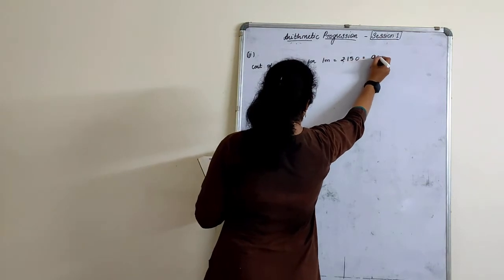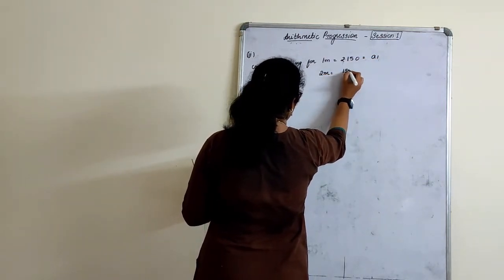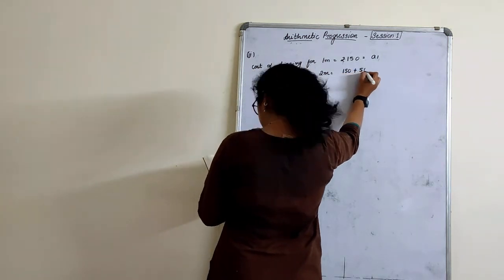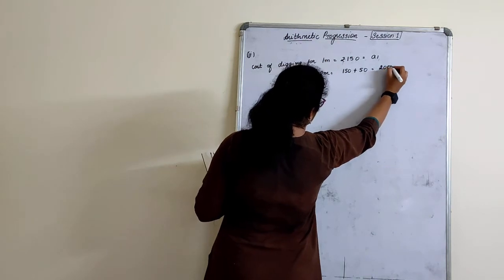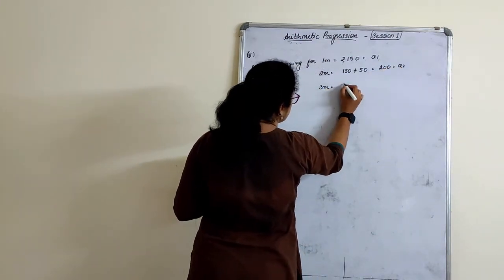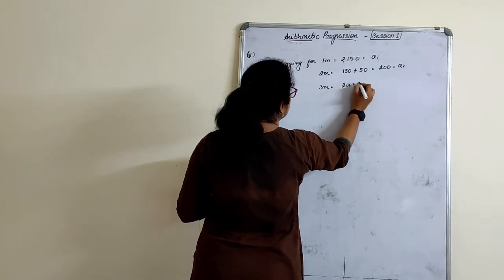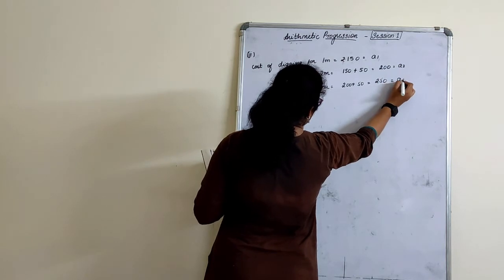That is A1. For 2 meters, it is 150 plus 50 getting added subsequently, that is 200, which is A2. For 3 meters, it is 200 plus 50, that is 250, which is A3.